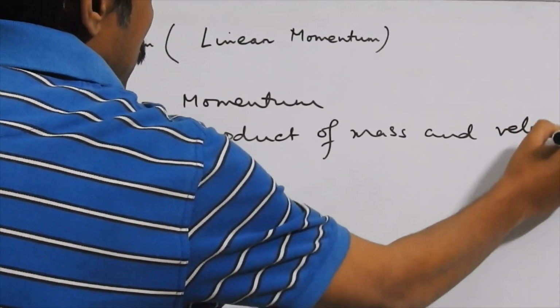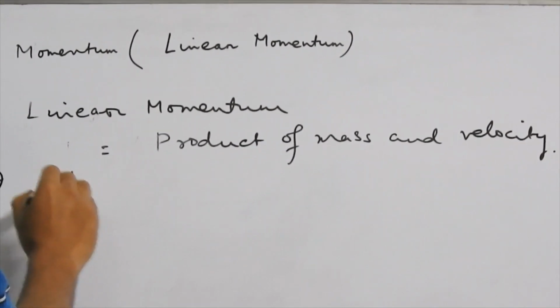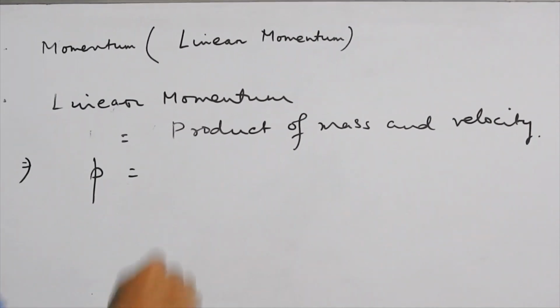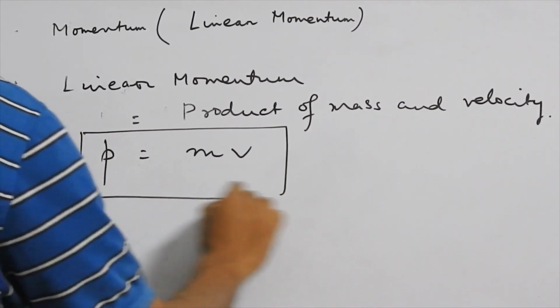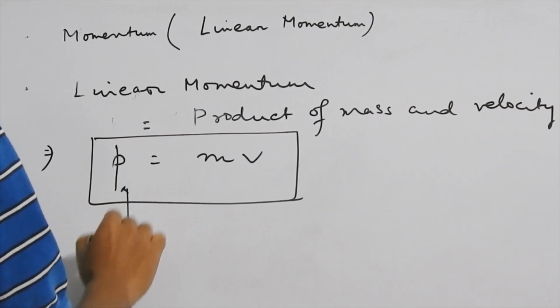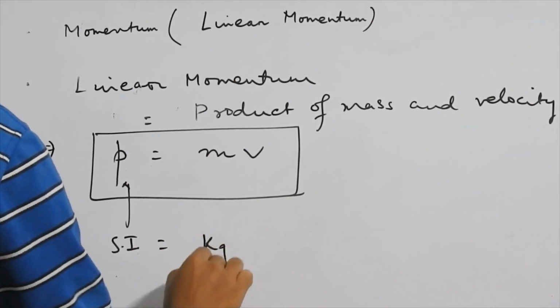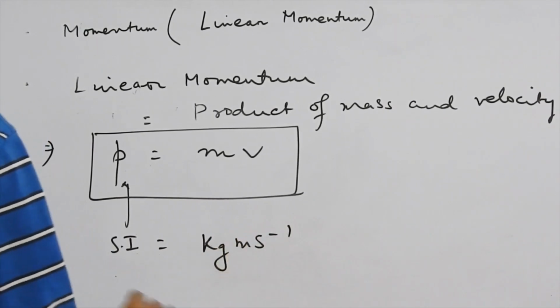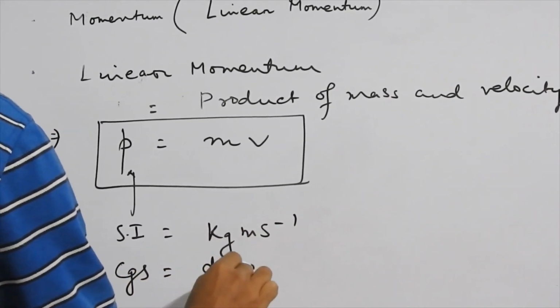Mathematically, for momentum we use the letter P, for mass M, and for velocity V. So momentum is the product of the mass and the velocity, P = mv. Obviously, the SI unit of momentum is kg meter per second, and the CGS unit is dyne centimeter per second.